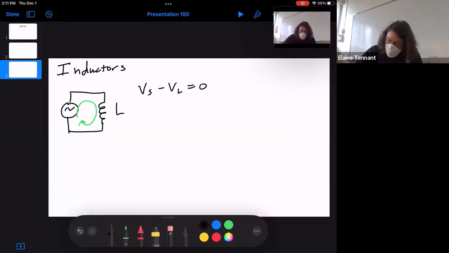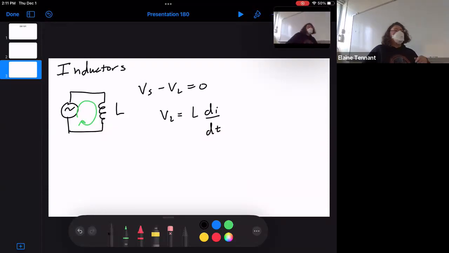We remember that the inductor voltage is L di/dt, which is what we got from the last chapter, where the inductor just tries to oppose changes in current.